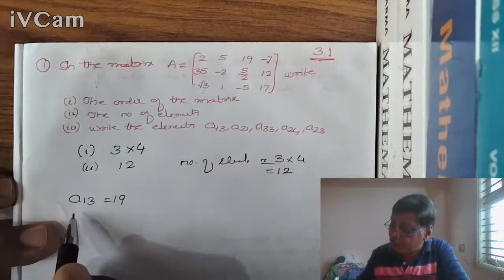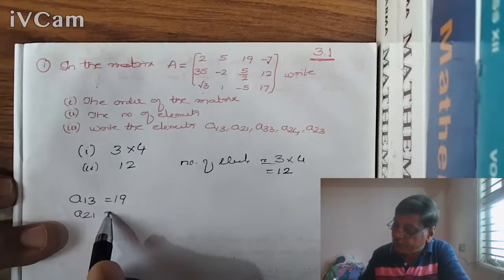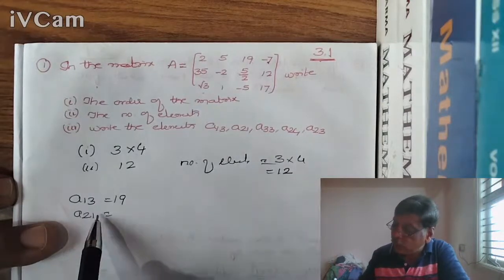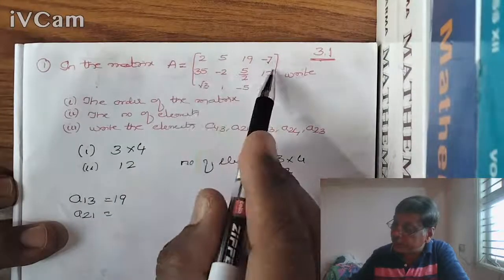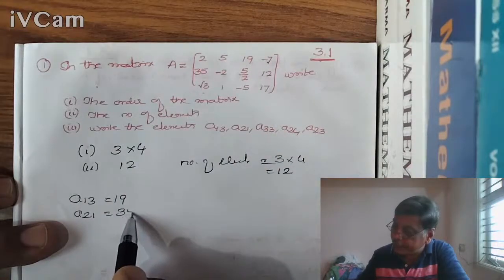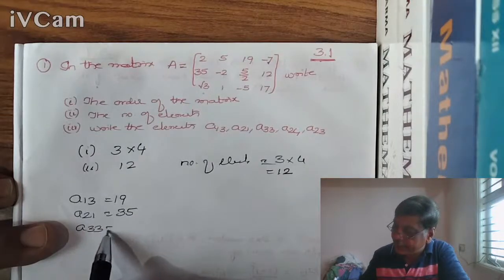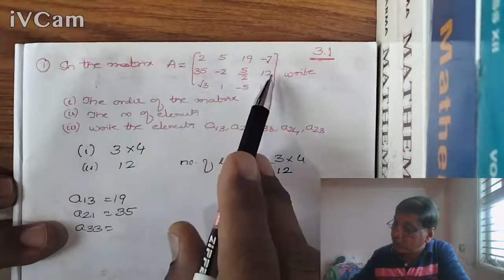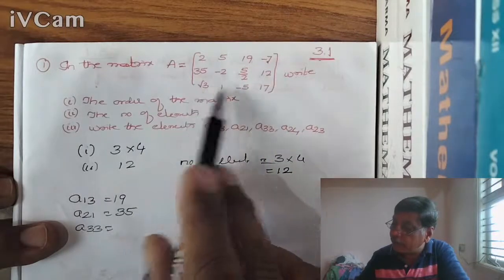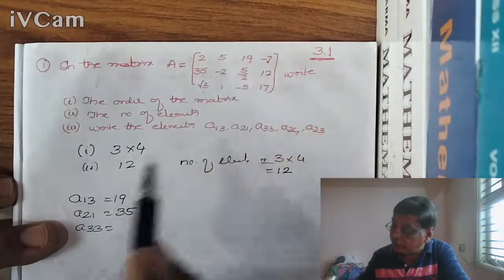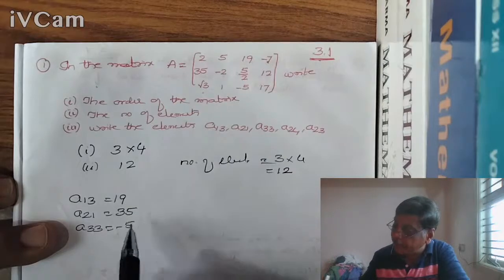Next, A21. A21 is second row, first column, that is 35. Next, A33 is third row, third column, that is equal to minus 5.